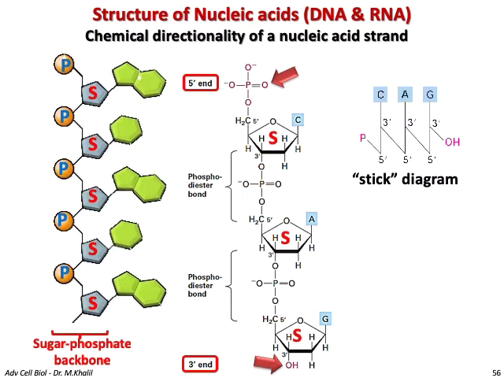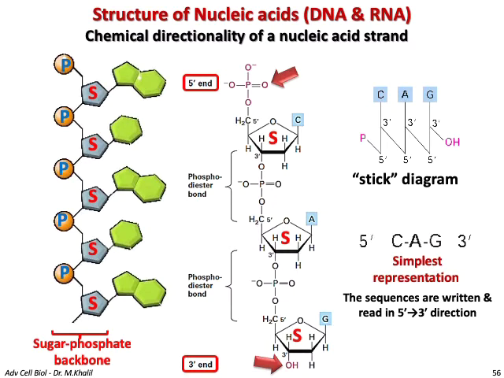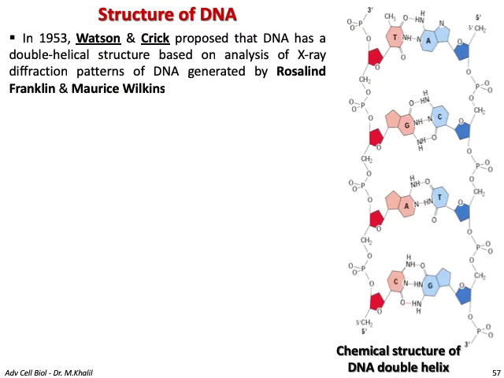For a simpler structure, a stick diagram shows the location of the bases. But nowadays, scientists prefer to write it in this format with the 5' end up in the front, and they omit the chemical structure. This is the simplest representation, and the sequence is always written from 5' to 3'.